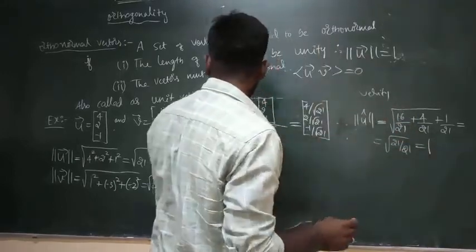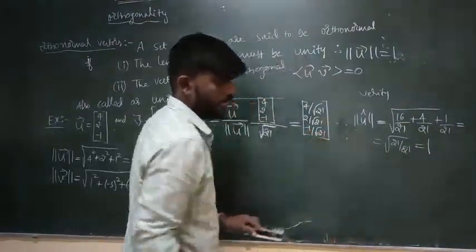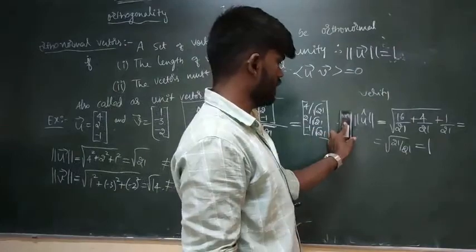If this is an orthonormal vector, the length is equal to 1. This is the verification.